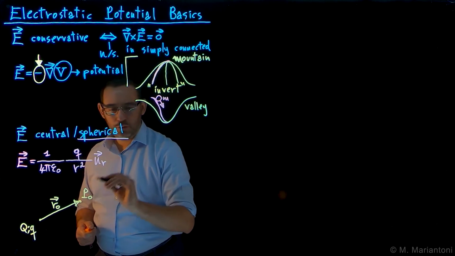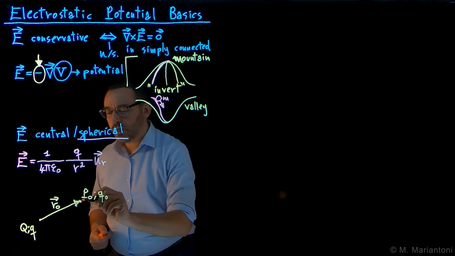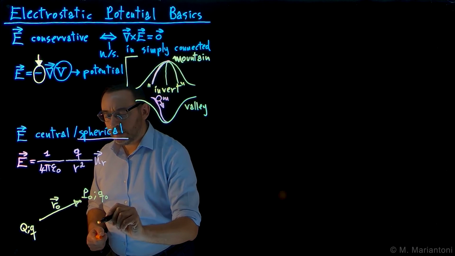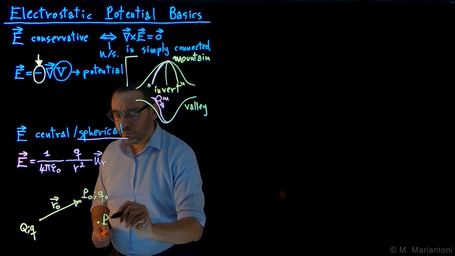Here I place my test charge Q naught, and we want to move it to another point. Let's call it a generic point capital P. There again we have Q naught.